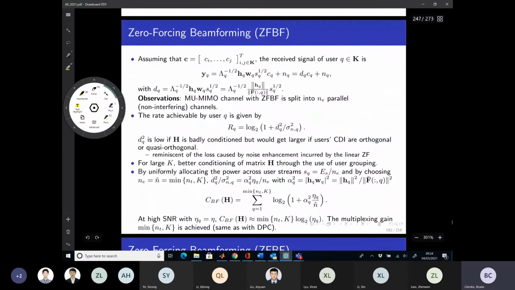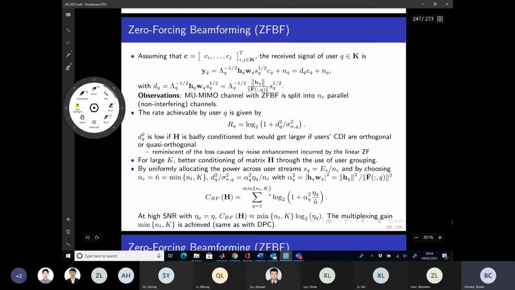So in general, this is the expression that you have for your sum rate. You have a sum over a certain number of streams, at most equal to the minimum between the number of transmit antennas and the number of users, of the rate that is achievable by each of those streams.